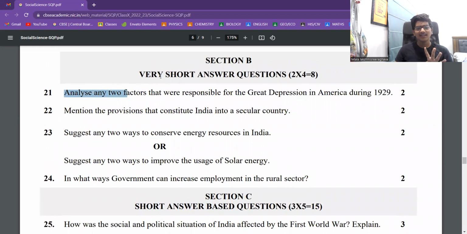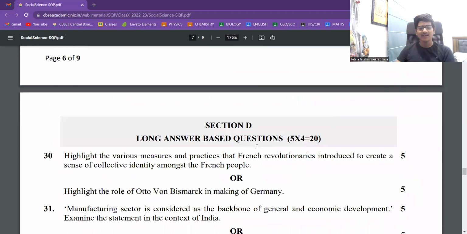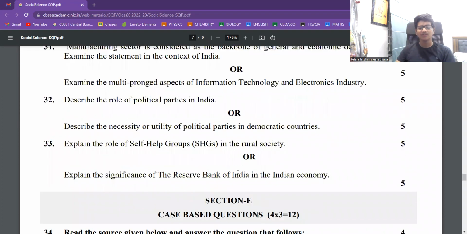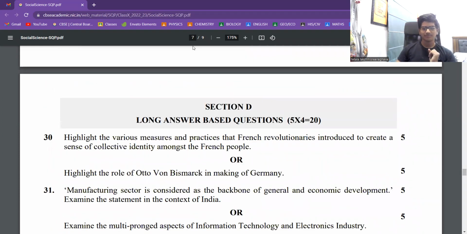So see how many questions are there. One, two, three, four. Then here one, two, three, four, five, six. Here there are only five. And here there are four questions. Now I want you to think about a logic. Is it easy to get 20 marks by attempting 20 questions, or is it easy to attempt four questions and get 20 marks?